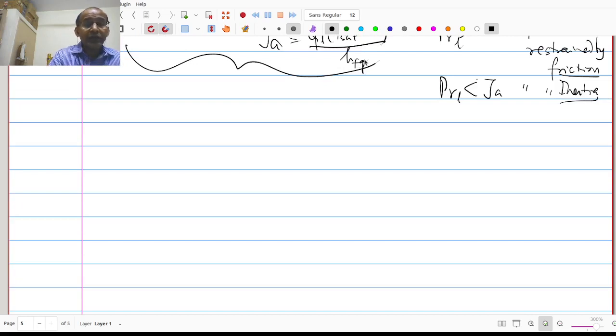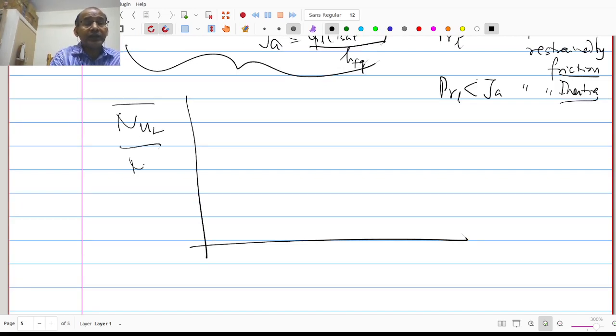So that's basically what he tried to plot here. Here it is Nu bar divided by Nu bar Nusselt. On the x-axis, instead of the Jacob number, he plotted Pr L divided by Jacob number. So this ratio, and if it is 1, there is a changeover.